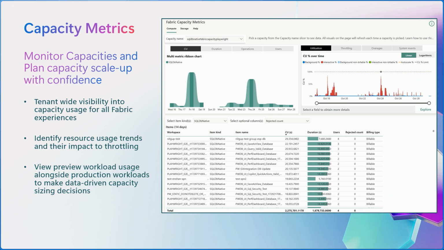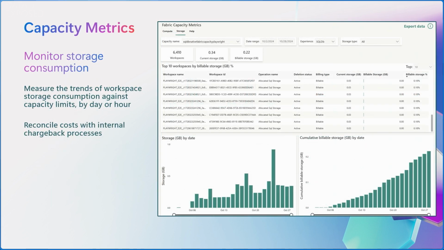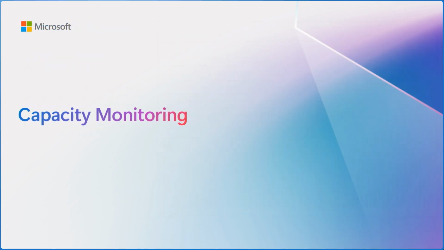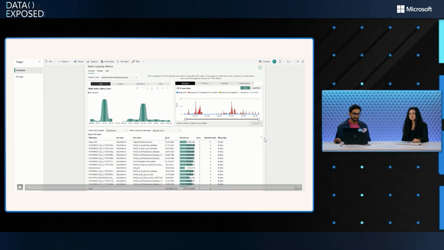So that's what we're trying to do through this metrics app dashboard. We're looking through all of this and be able to look at trend and see how you can get more optimized. Similarly with storage, you're looking at how much storage your workspaces are consuming and then how they are being billed by sending that storage information to the billing meters. So that's essentially what we'll cover. And let's dive into the scenario with a quick demo.